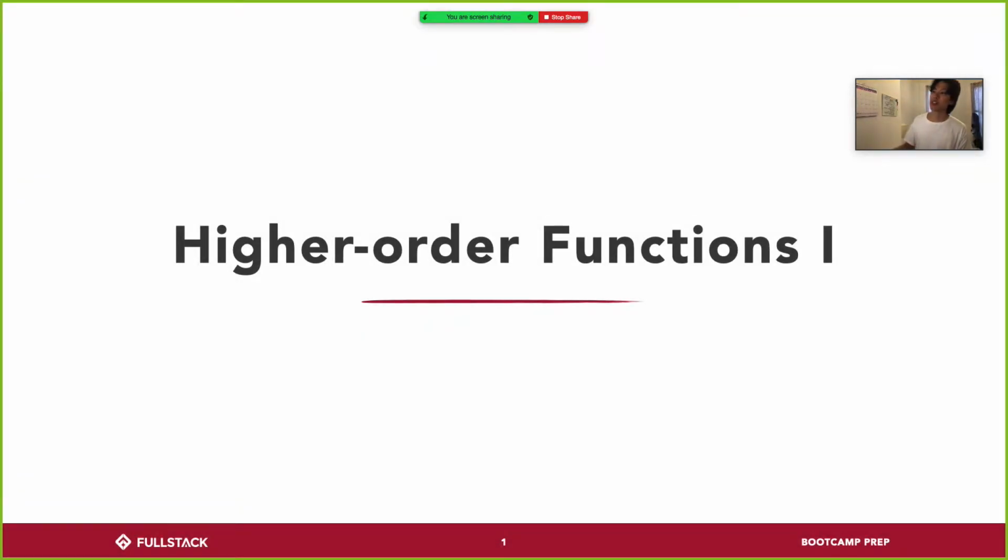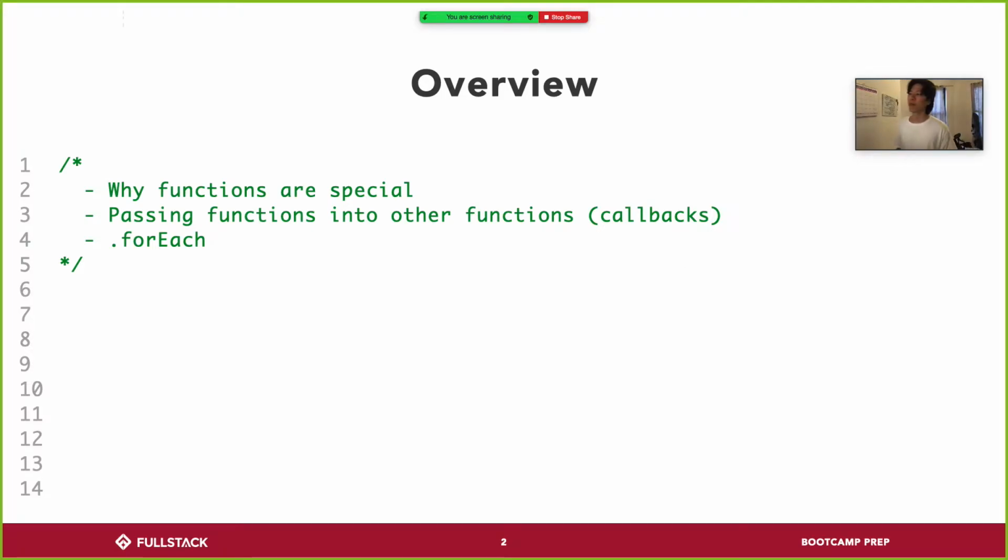higher order functions, basically they're really important, and I'll give an example of their use case in everyday websites. So I'll make a practical example. But basically they're when we pass functions into other functions.